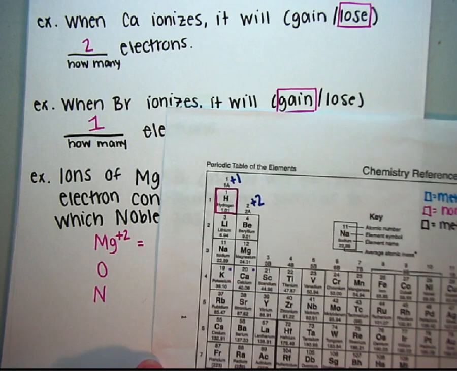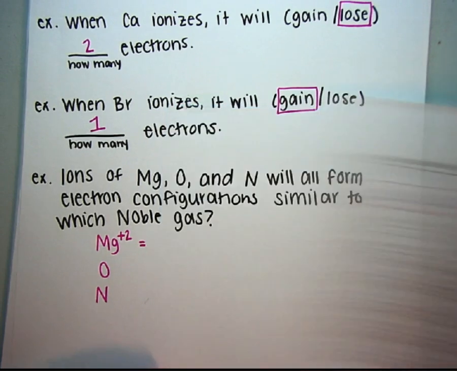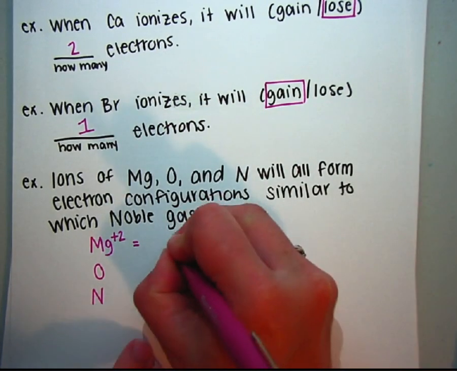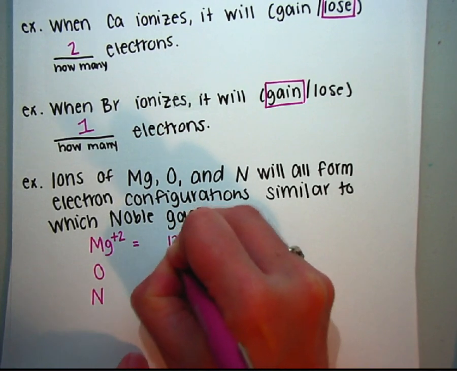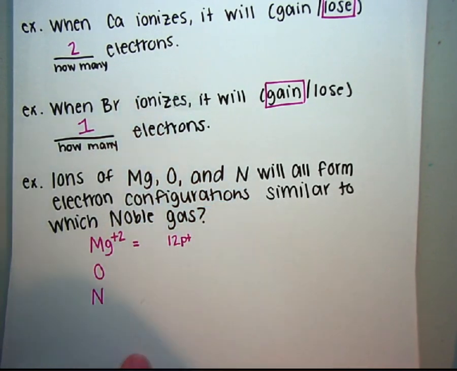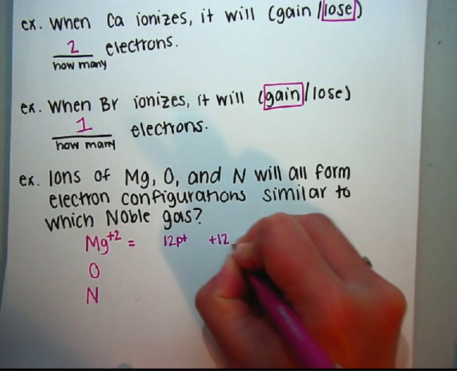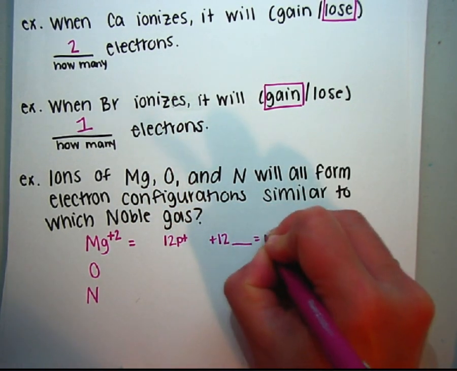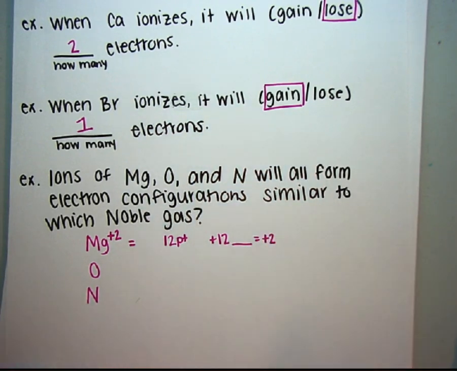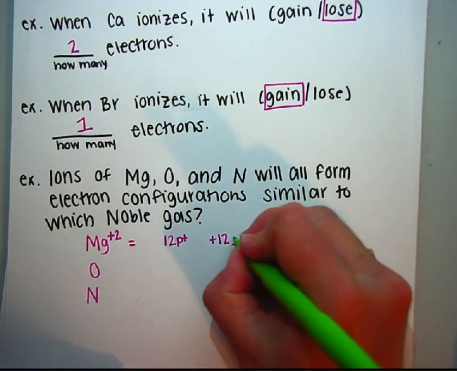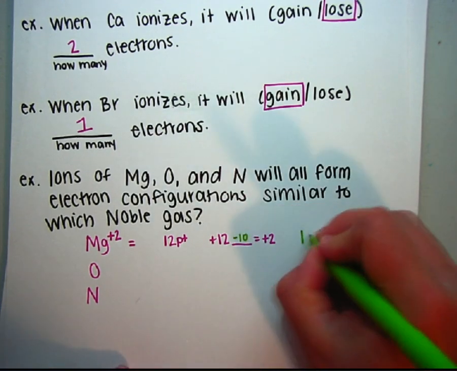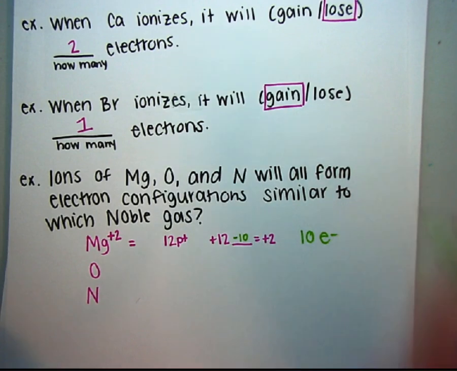Next, figure out how many electrons magnesium has. Magnesium has 12 protons. We don't know how many electrons there are, but I know that its charge has to be +2. Solve for the number of electrons. The magnesium ion has 10 electrons.